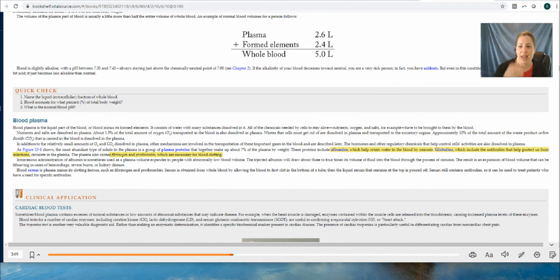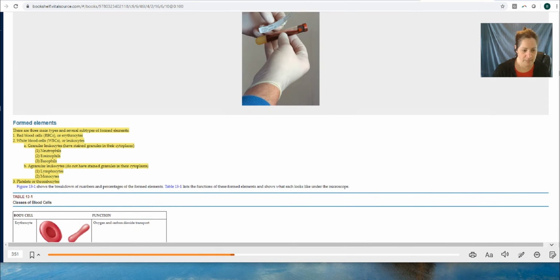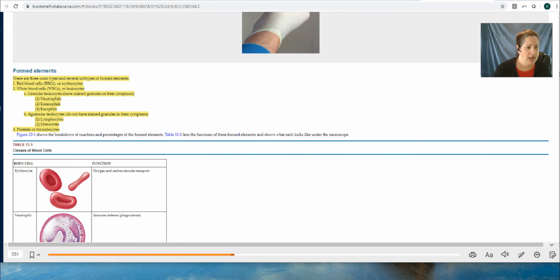Okay? In the human body, we do have about 5 liters of blood. 2.6 of it, or almost half, is plasma, and 2.4 is the formed elements, which are the white blood cells and red blood cells. All right, so now we're to the formed elements.